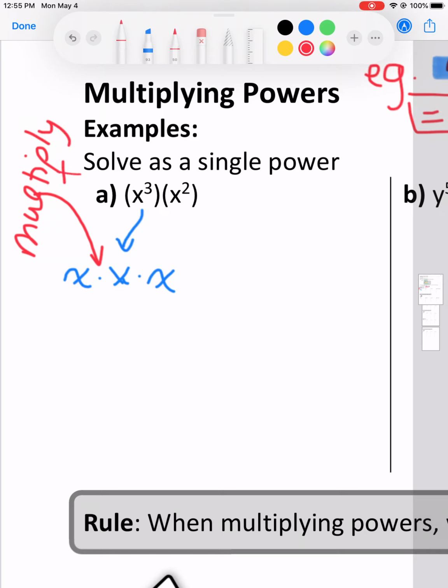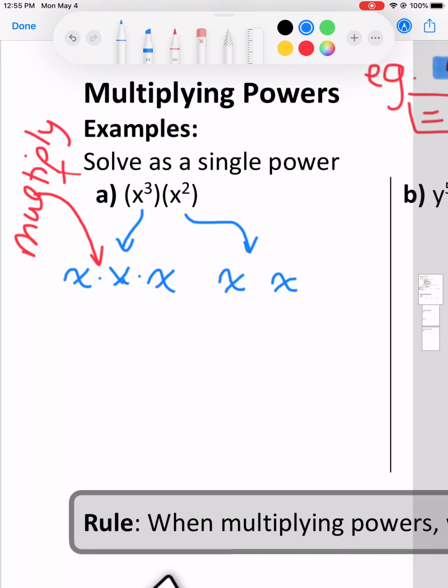If I were to write out all those x's it'd be very overwhelming. So this x to the power 2 is 2 x's.